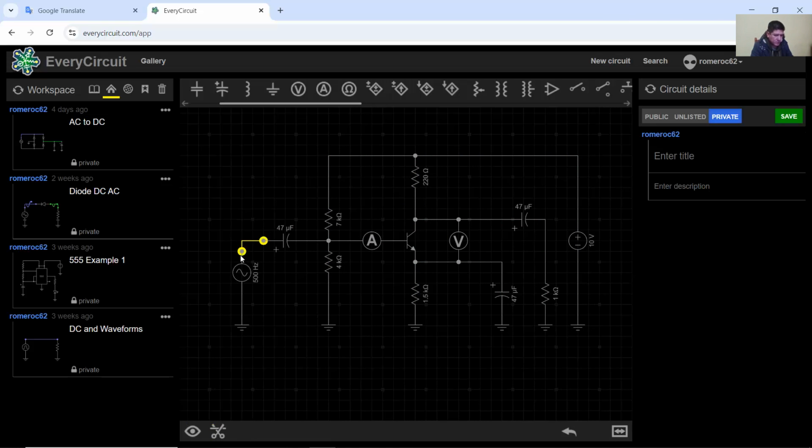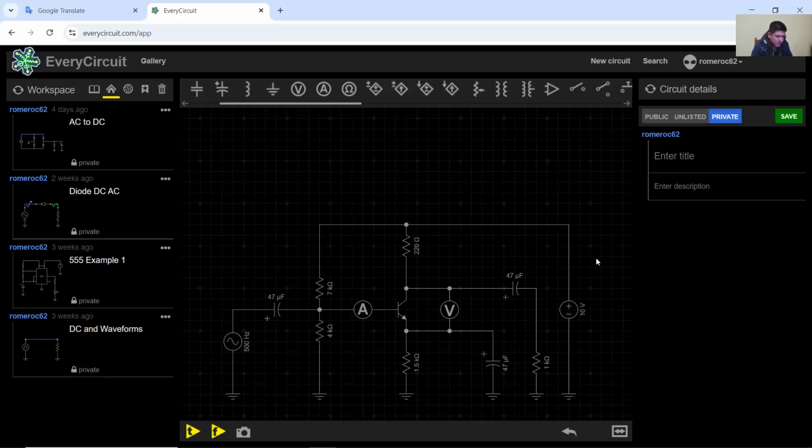This is the input of the amplifier, and this is the output. So I want to see the waveforms. Okay, click here and show waveform in the input. Click here, show waveform in the output, and run time domain simulation.